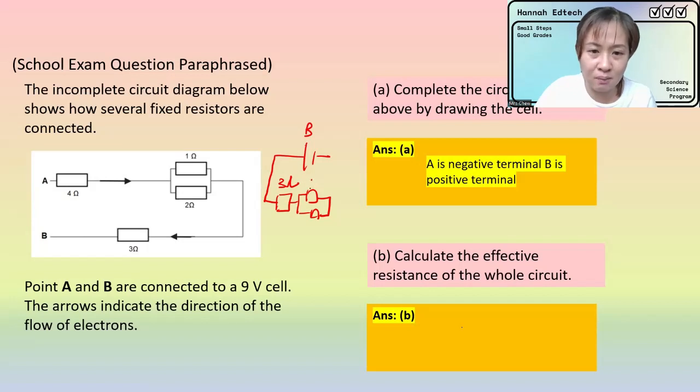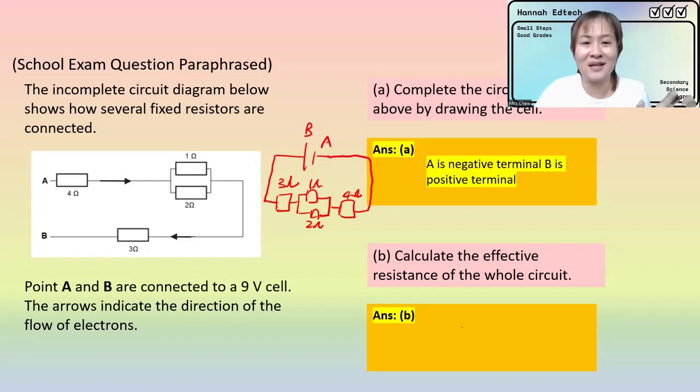This is 1 and this is 2 ohms, using the formula 1 over RT equals 1 over 1 plus 1 over 2. Then you will also hit the 4 ohms. Then you go back to A. So like that, you can see that it's actually a series circuit, just that in the series circuit there is a parallel component.